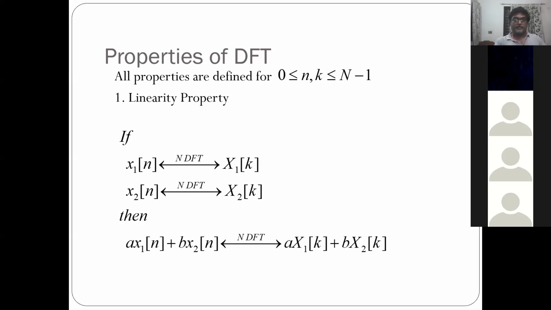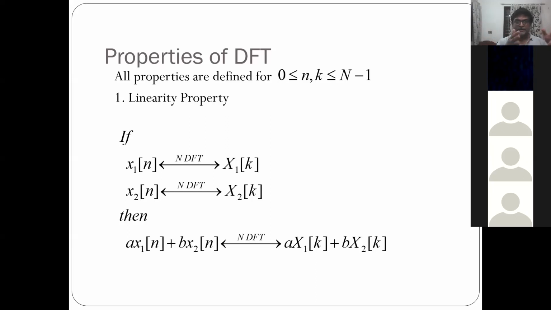Now, evidently, you can combine a x1(n) plus b x2(n) only if x1(n) and x2(n) are of the same length. Do you understand this? Otherwise, this linearity property cannot be applied. You are looking at N-point DFT.